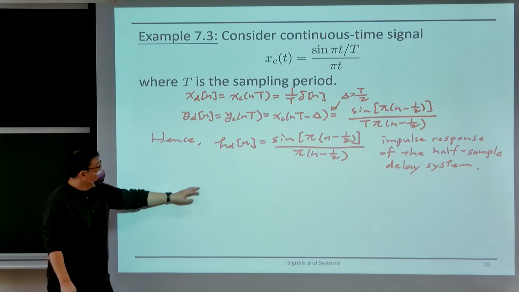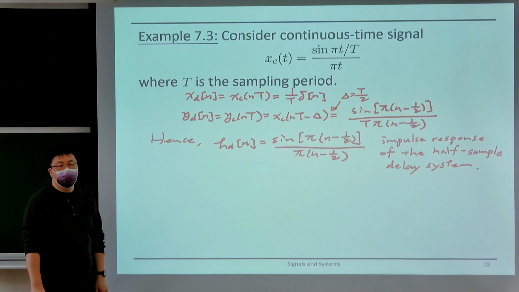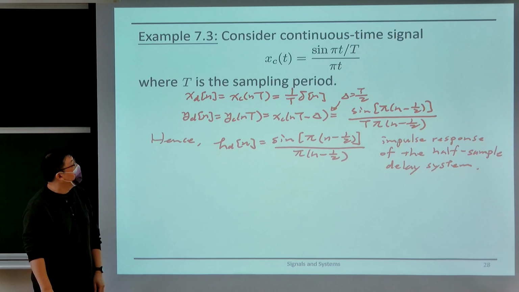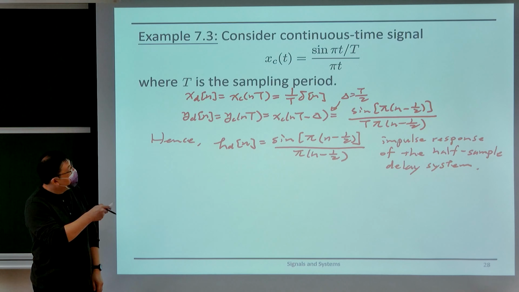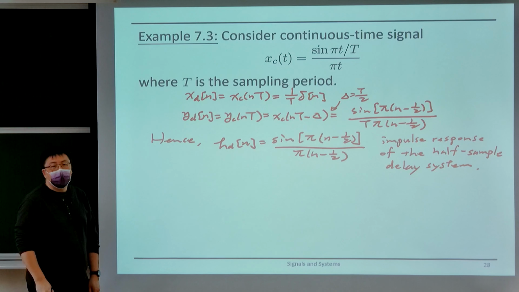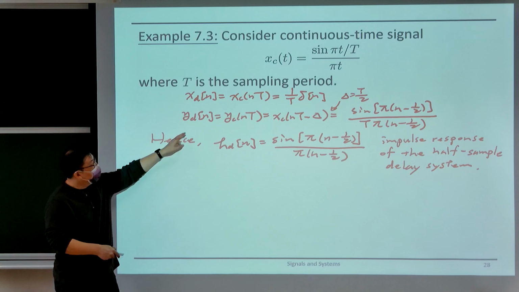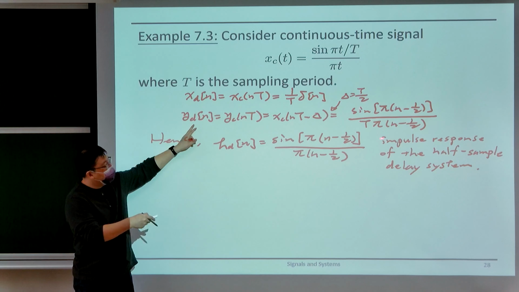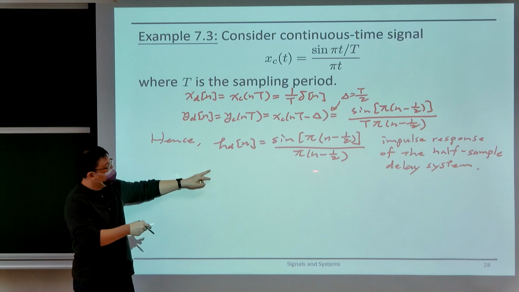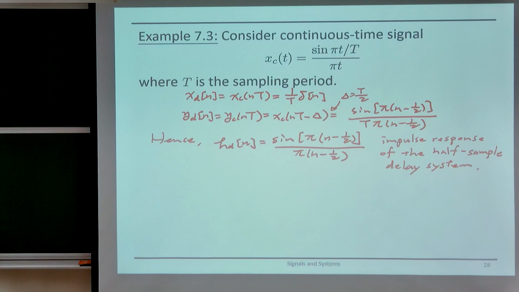Then to get the discrete time impulse response that helps us achieve that, you can simply plug in an input that is equal to a sinc function, and then by taking the sampling of the corresponding output, you can get the corresponding impulse response of the discrete time system.